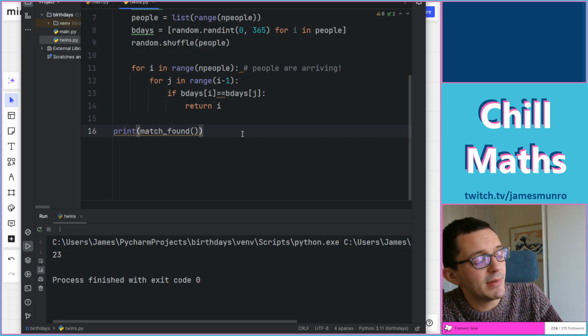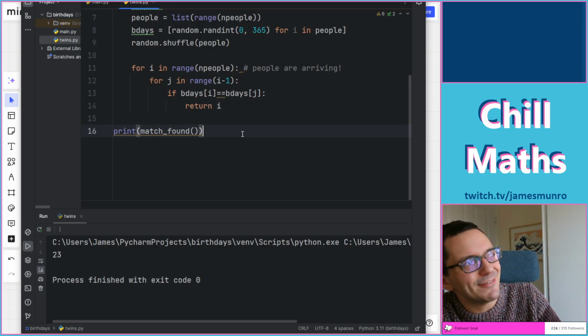You count in how many of the cases was it less than 23, 24, less than 25. And you find out which one of those matches up with 0.5. For which n is it true? You've got a separate search to do to sort of invert the function and work out where the median of the distribution is. Because at the moment we've just got samples of how long it took.